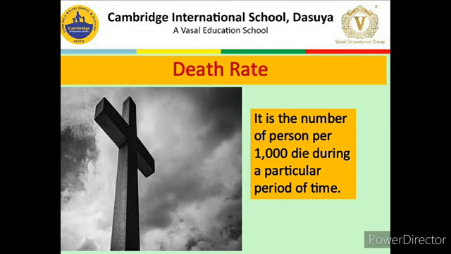During 1941 to 51, the death rate was as high as 30 per thousand per annum. It had declined to 8 per thousand in 2001 and even 7 within the same duration of time.